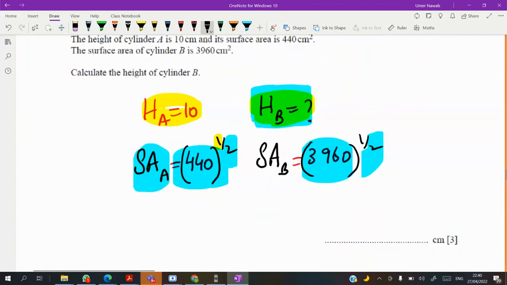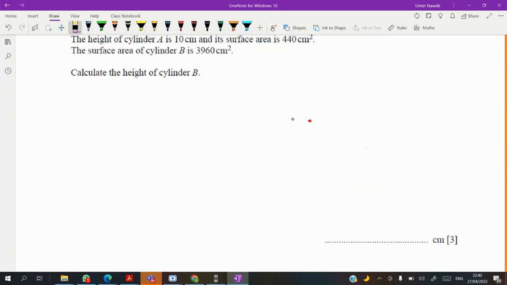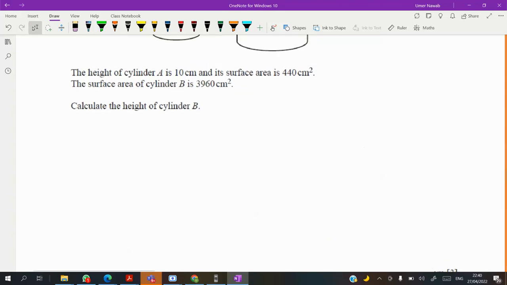Now, in this case, I wanted to find the height. Let me write it again for you guys. What is given? Areas are given. So 440 is the area of A, and this is B. B's area is 3960. If you want to write the units along with them, it's up to you.